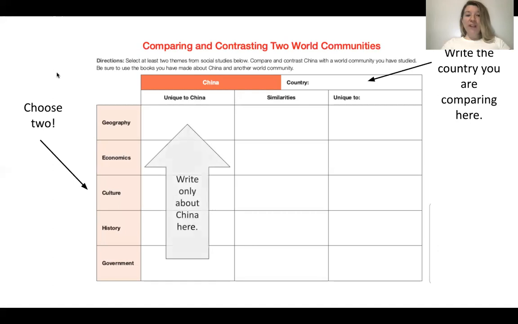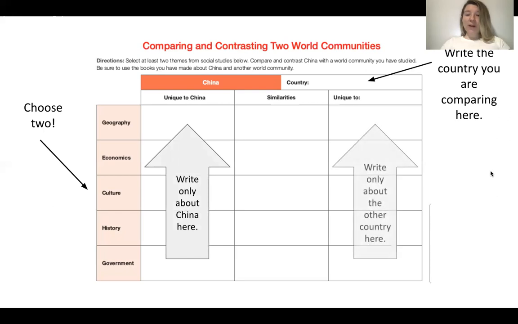Next, you will be filling in this column. You are writing only about China here, and you are only writing in 2 of these boxes, whichever 2 themes you chose. So if you chose geography and history, you're only going to write in this box and this box. If you chose economics and government, you'll only write here, and you'll only be writing about those 2 themes that you chose.